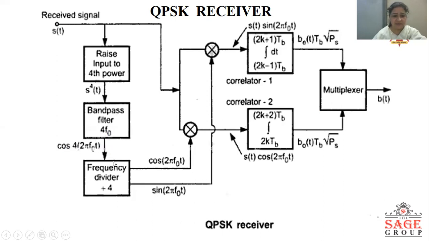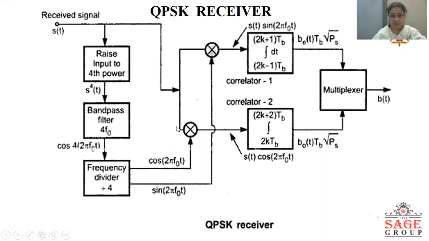Then this signal is given to the frequency divider circuit, which divides the frequency by 4. So here we get two signals, cos 2 pi f0 t and sin 2 pi f0 t. We can see the frequency of the input signal is divided by 4. Now we have generated the synchronized carriers cos 2 pi f0 t and sin 2 pi f0 t.